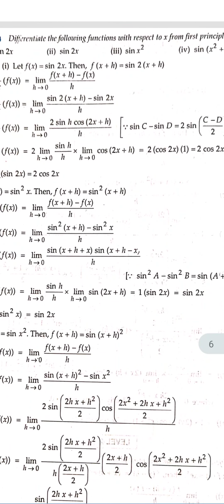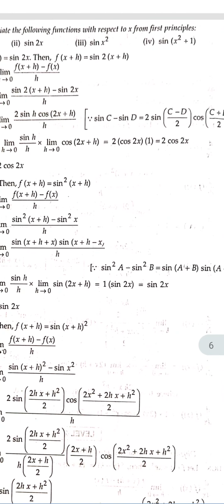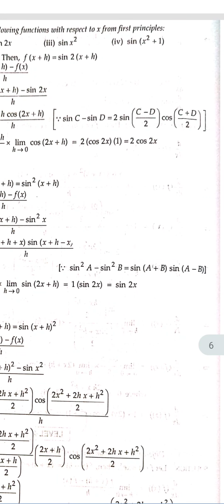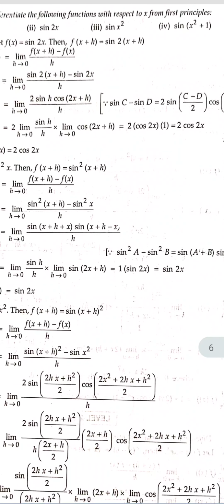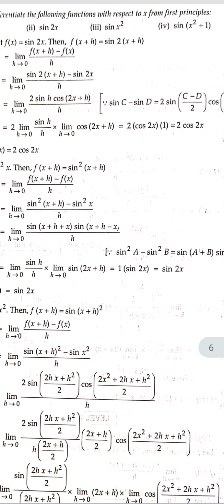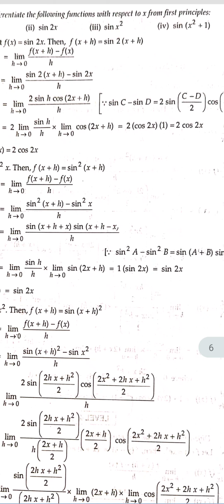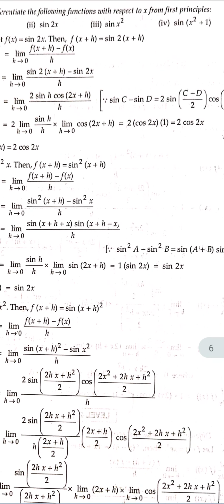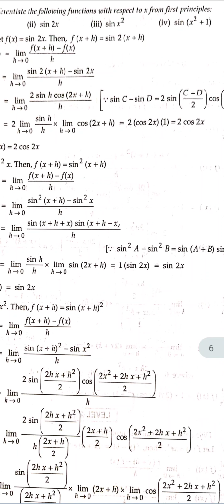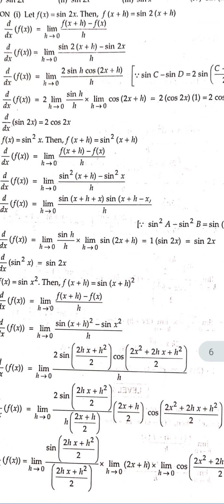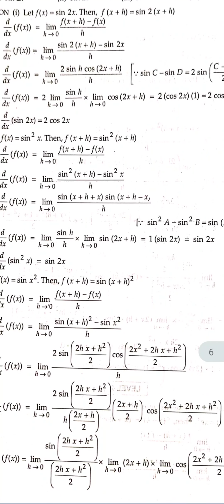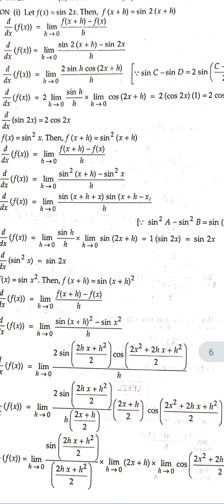Now we use the formula sin c minus sin d, that is equal to 2 sin ((c minus d) upon 2) cos ((c plus d) upon 2). We get 2 sin h cos (2x plus h) upon h. Now sin h upon h will become 1 and cos (2x plus h) will become cos 2x if we put h is equal to 0. So the derivative is 2 cos 2x.